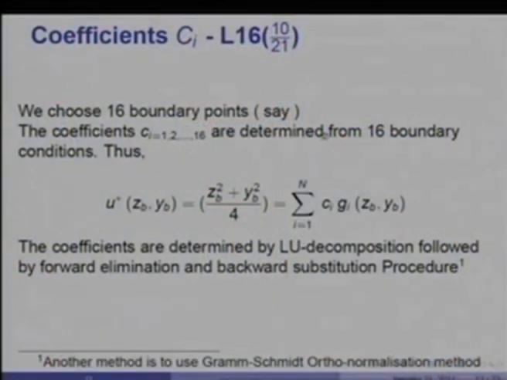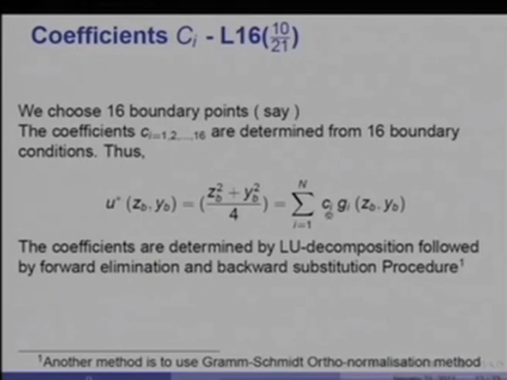So, 16 coefficients are to be determined from 16 boundary conditions u star z b, y b, which is nothing but z b square plus y b square by 4, which is known because we know the coordinates of the boundary points, equal to sum of C I g I z b, y b. The functions are evaluated at the boundaries themselves. So, essentially you get 16 equations and 16 unknowns C I, which are to be evaluated.